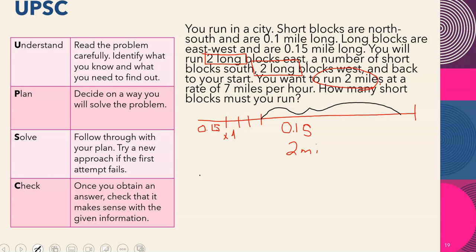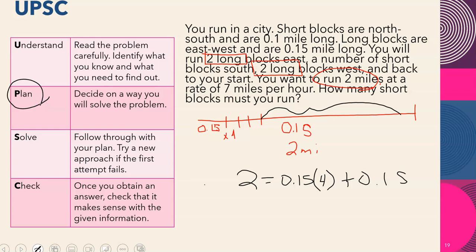Our total distance is going to be equal to 4 of our long blocks plus some number of short blocks. And we also know that total distance, so we could put a 2 instead. And now we have a plan to solve this problem.